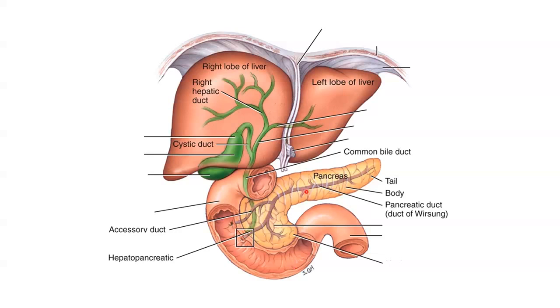You can see our pancreatic duct along here, our accessory duct along here. The accessory duct empties directly into the duodenum. That pancreatic duct joins with our common bile duct, which is coming from the liver and the gallbladder, to form our hepatopancreatic duct, and then empties into the duodenum.